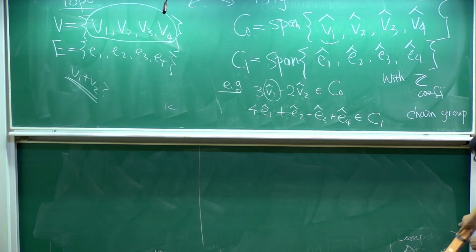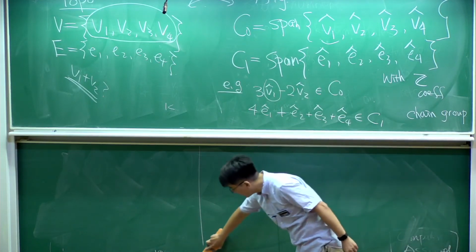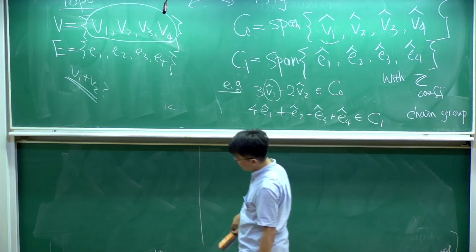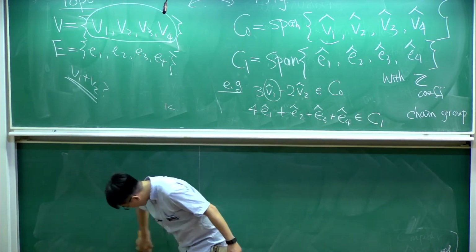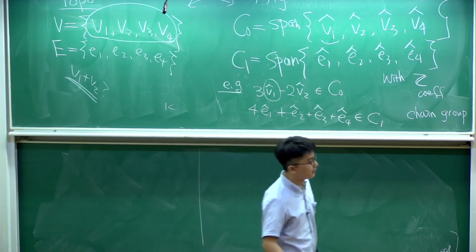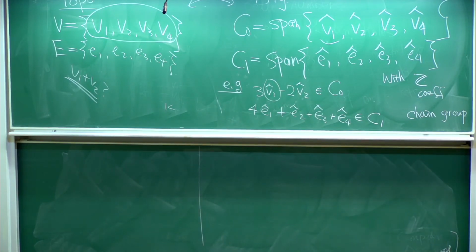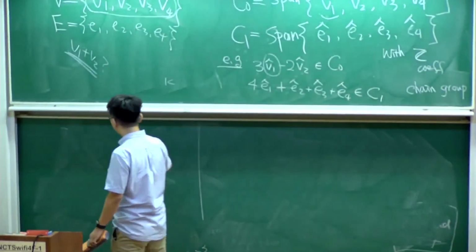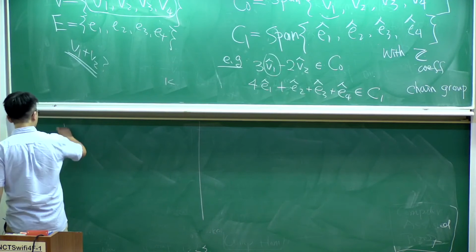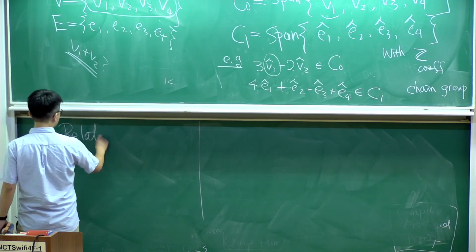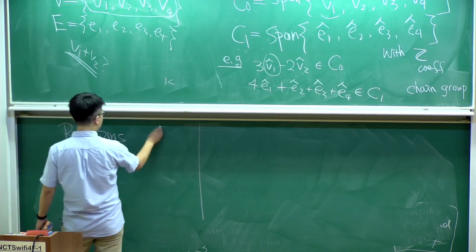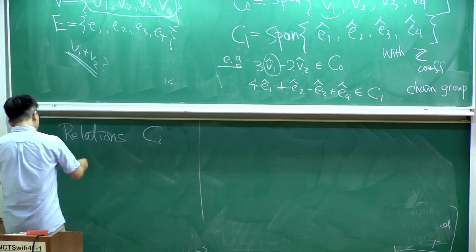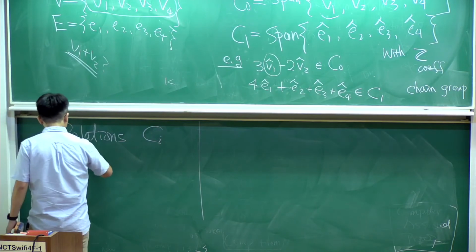So now what I want is to find a relation between the chain groups. I want to find a relation between C1 and C0. At the end, I hope that will help us to understand the shape of this thing. Okay? And this relation is called a boundary map.